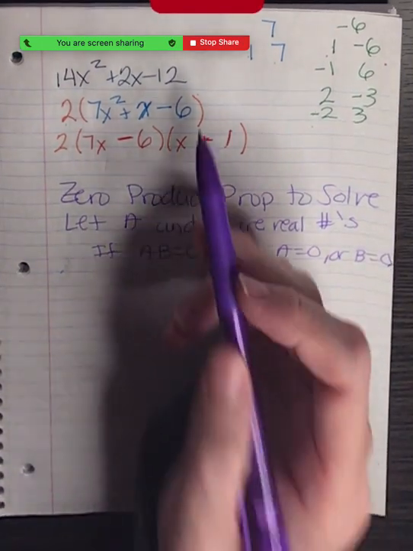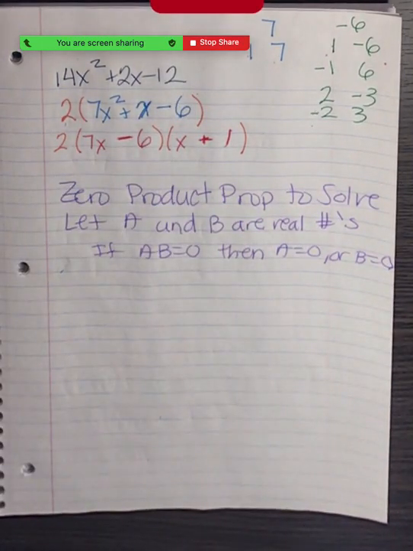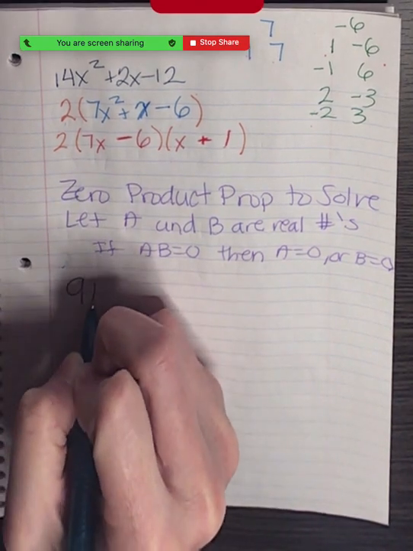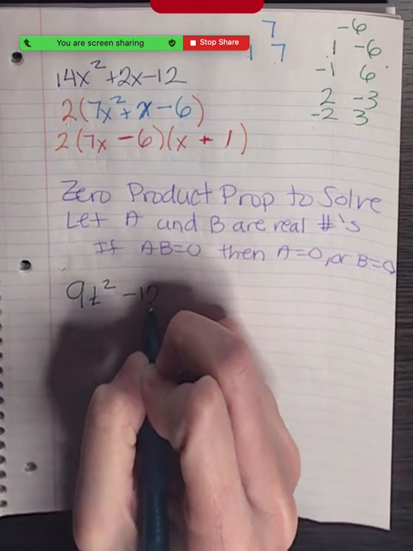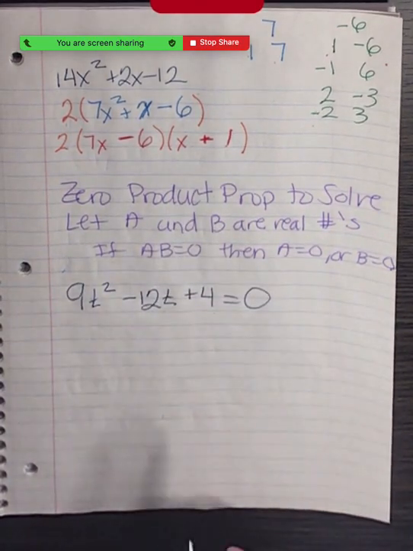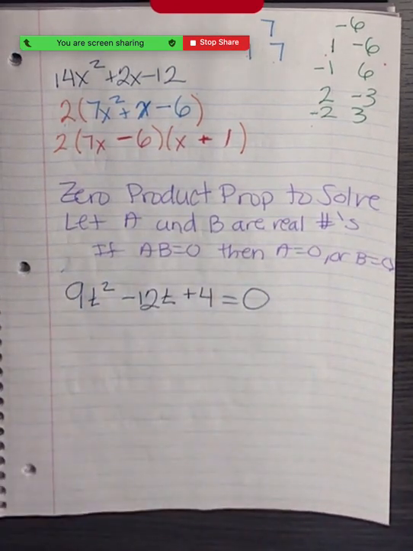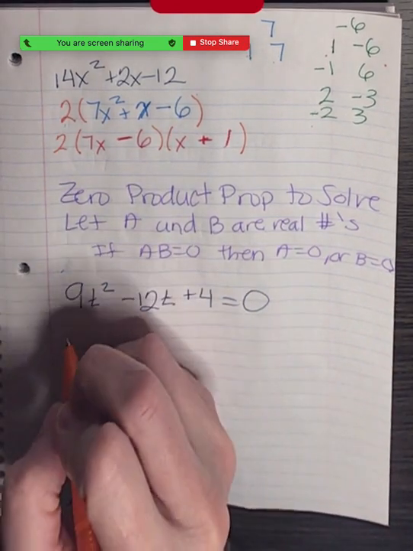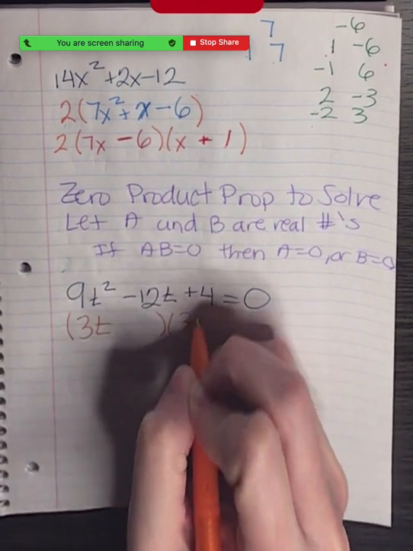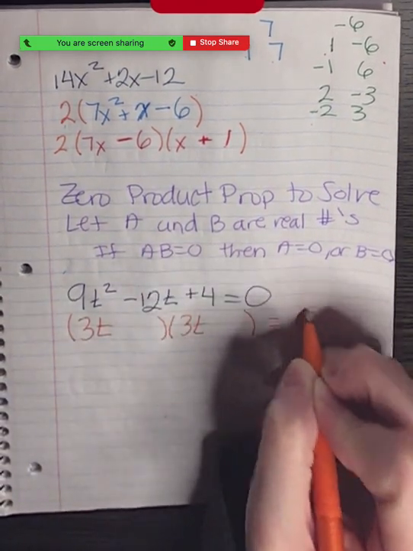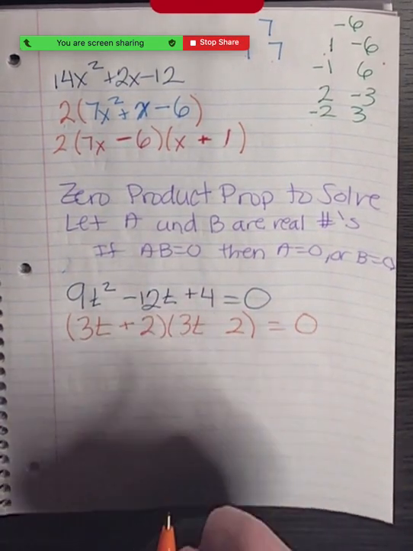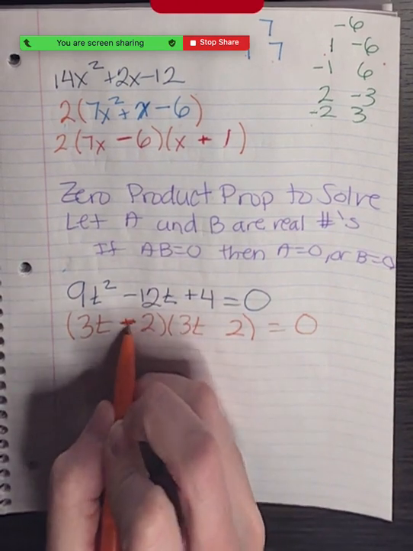So then that works to solve a quadratic, because if I have 9t squared minus 12t plus 4 equals 0, I'm going to factor this quadratic, and that's 3t and 3t, then 2 and 2, so plus 2, or no, minus 2, minus 2.